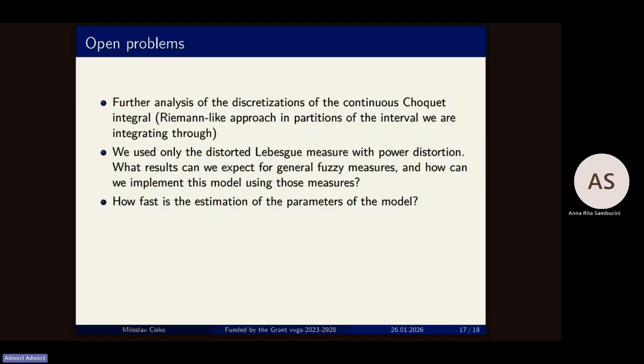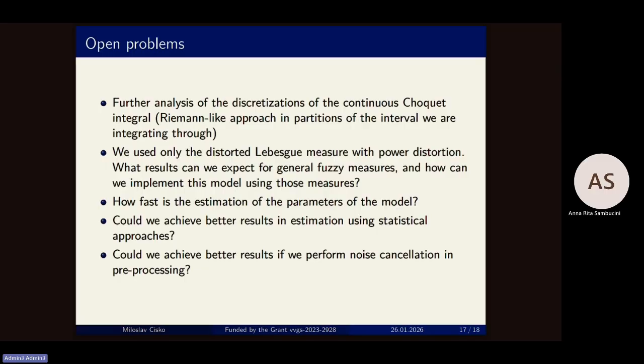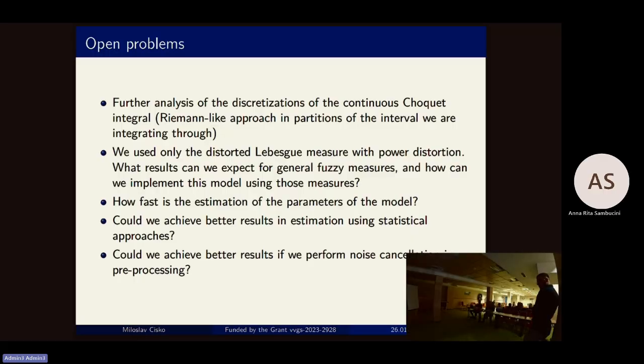And maybe for the informatics, how fast was the estimation of the parameters of the model? Because when we are doing some approximation or numerical analysis, that is a common question, how fast it was. And let's say some experimental questions: could we achieve better results in estimation if we use more statistical approaches?